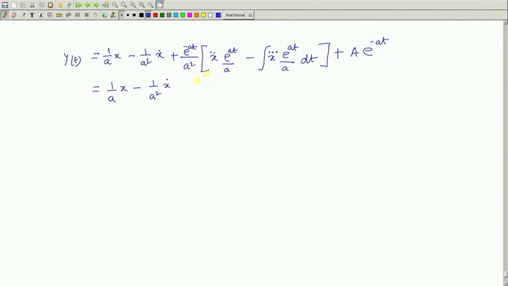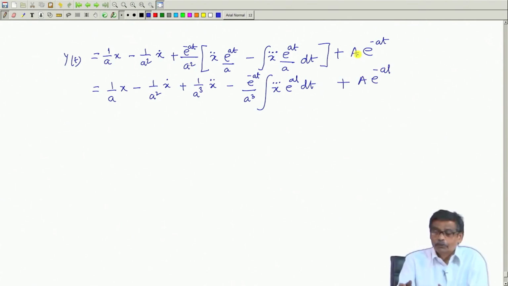Then if you put it inside, it will be plus 1 over a cube into x double dot, this e to the power a t cancels out, minus e to the power minus a t by a cube, and this is the integration of x triple dot into e to the power a t dt, and then plus finally this one. Okay, I have now understood what is going to happen if I further expand.